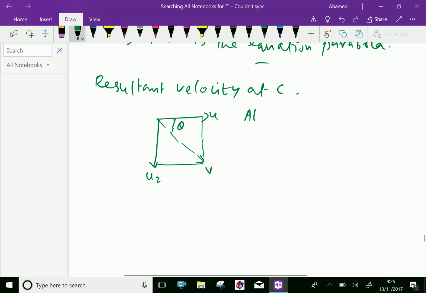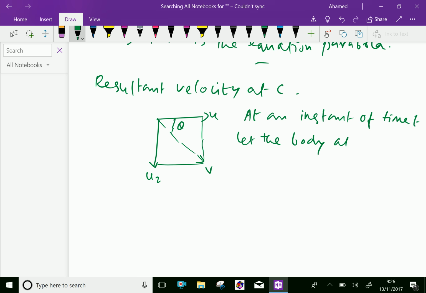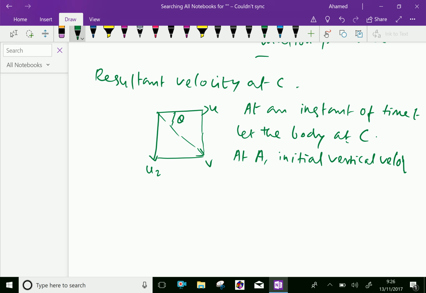At an instant of time t, let the body be at C. So at A, the initial vertical velocity is 0.